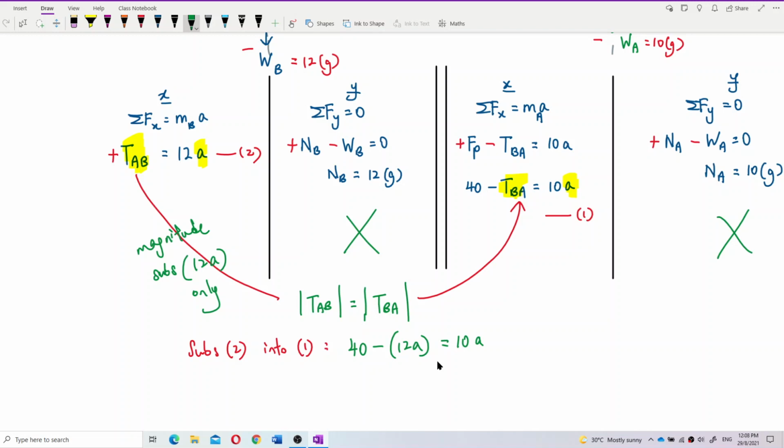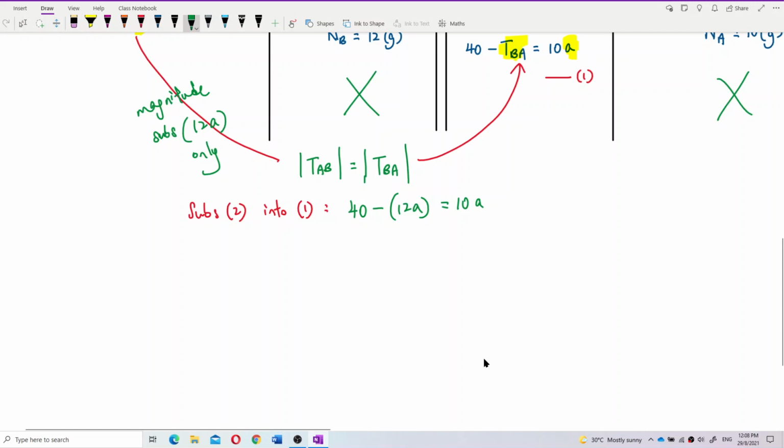Then this one goes to the other side and becomes positive. So 40 equals 22A. What is the acceleration in the end? You get 40 divided by 22, which is equal to 1.82 meters per second squared.